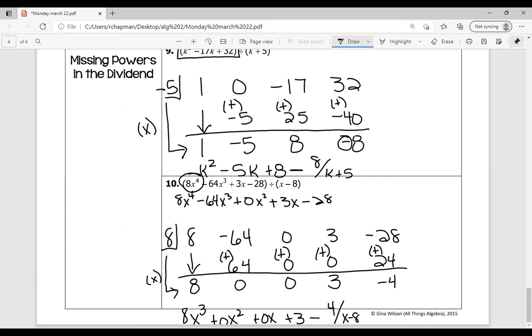Because what happens to those two zero terms? They cancel out. They go away. So your final answer is technically 8x to the third plus 3 with that remainder, negative 4 over x minus 8. That is how your answer should look. So we had a missing term and we ended up with some missing terms, and that is okay. Everybody okay with that?